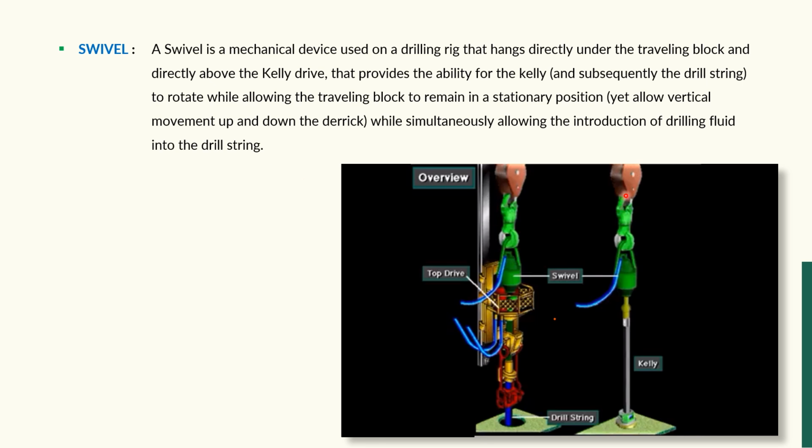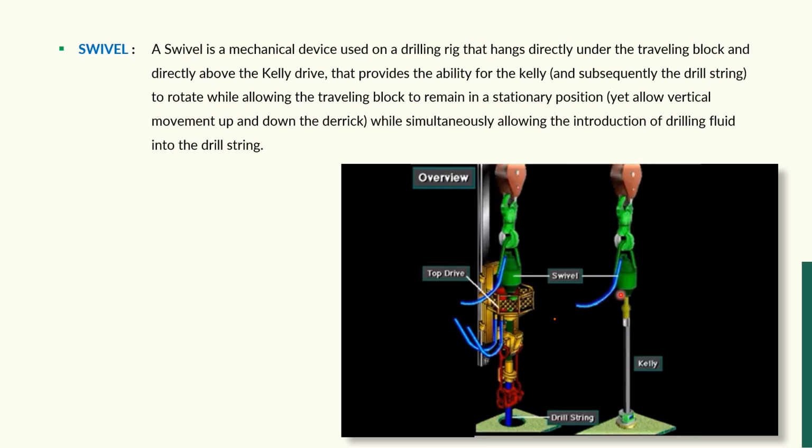In this image, this is our traveling block. Below the traveling block we have the hook, which we read about earlier, and below the hook we have the swivel. The swivel gives the ability to rotate the Kelly. When the Kelly rotates, the drill string connected below will also rotate.